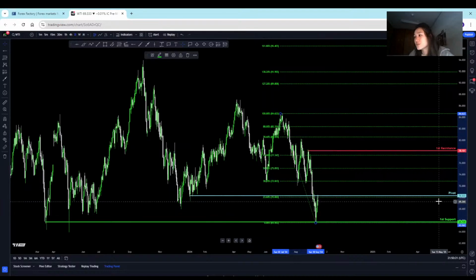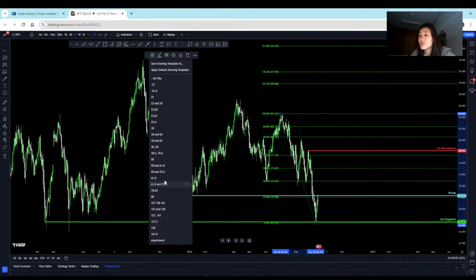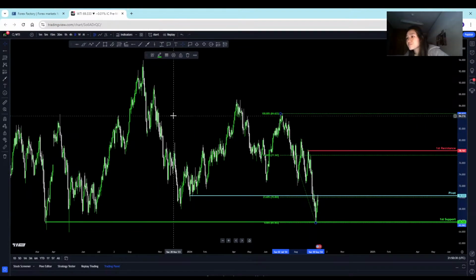Okay, so my 23.6 lines up with my pivot, my 61.8 lines up with my first resistance.